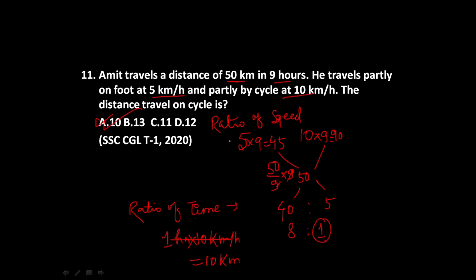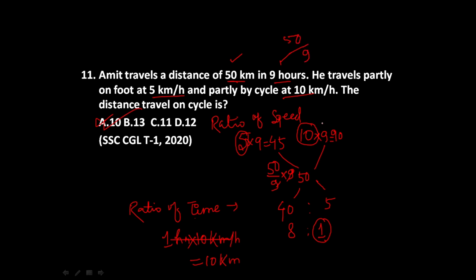Ratio and allegation, okay? I'm just repeating it for you. Firstly, it was 5 km per hour on foot, then 10 km per hour on cycle, right? So what is the total speed for the total distance? It is 50 km in 9 hours, so 50 upon 9.